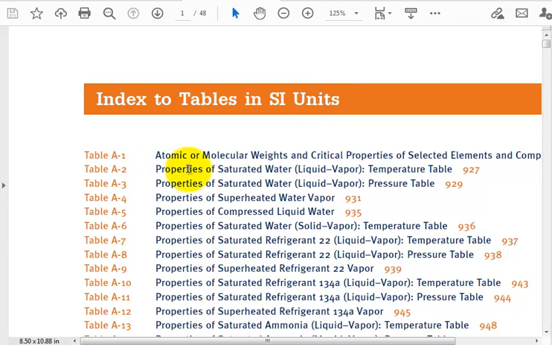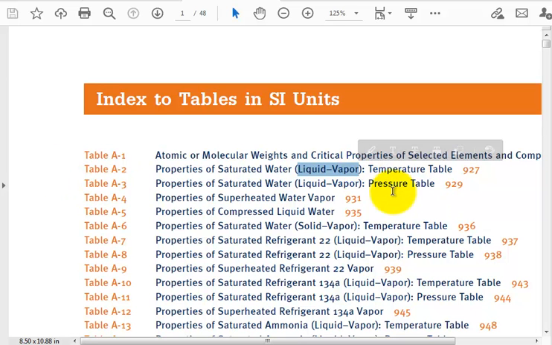We notice that tables A2 through A6 are tables of properties associated with water, five tables in all. Table A2 is if you have temperature coming in and you have a two-phase liquid-vapor mixture of water.